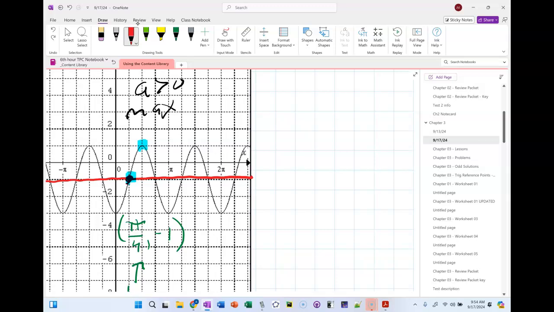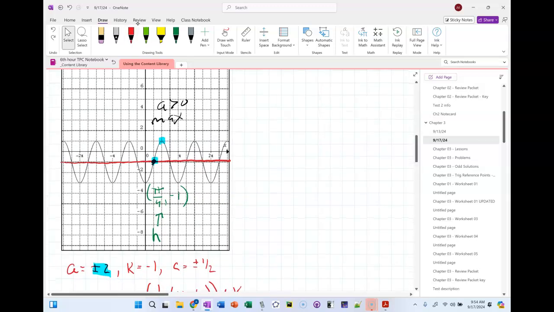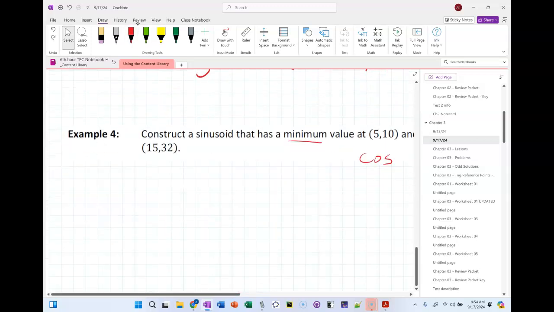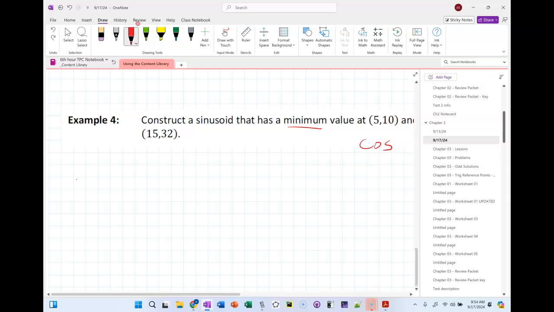I just want to justify what I'm about to do. Okay? So my K, my midline, is going to be the average of the y coordinates. So that's a formula that you're free to use.